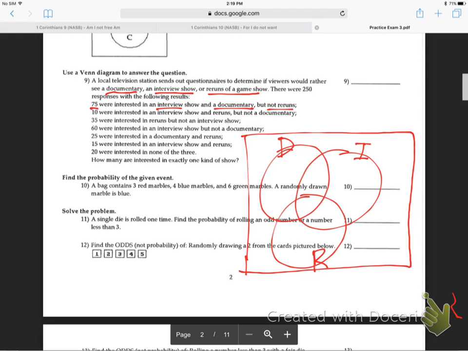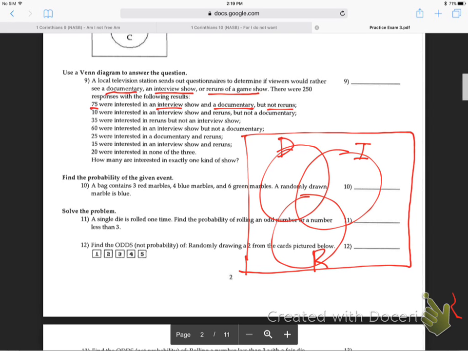They've told you that they do like an interview show, they do like a documentary, and they do not like the reruns. So that's 3 pieces. Whenever you've got 3 pieces of information, that narrows you down to 1 of the 8 basic regions. Whenever you have 3 circles, there's 8 basic regions. And it takes 3 facts to get down to just 1.